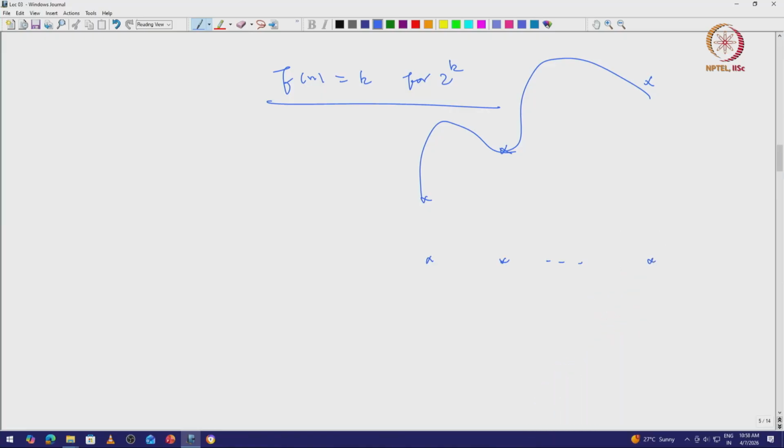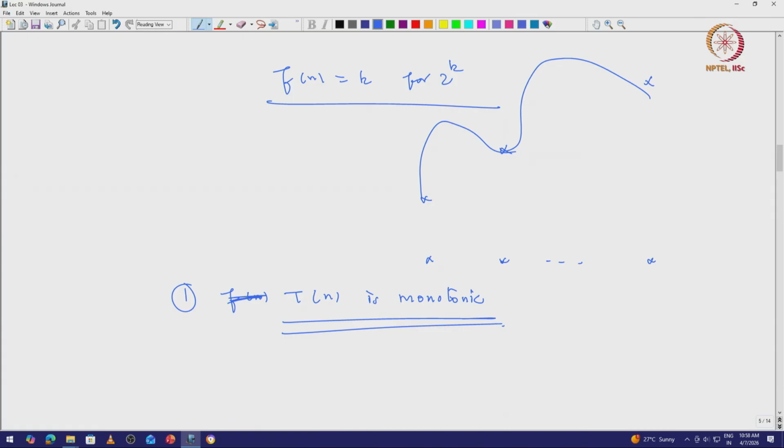Prove first that T of n is monotonic. This is very important. If it is monotonic, then it can't decrease.